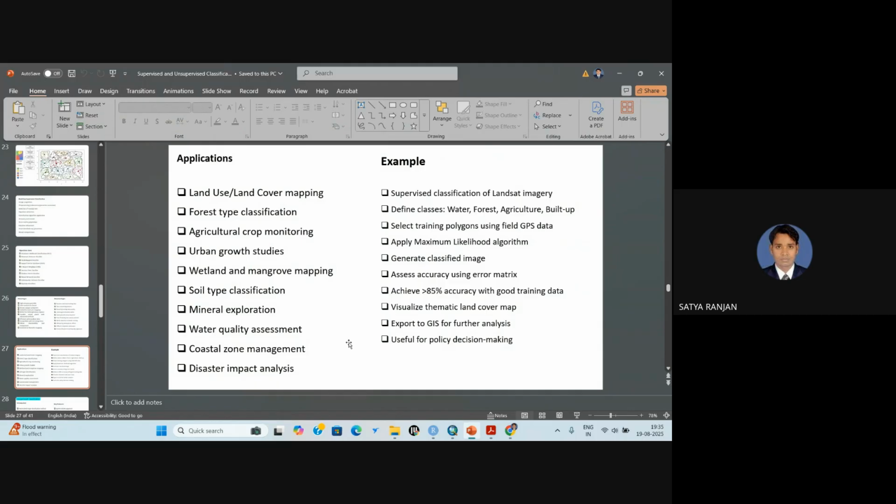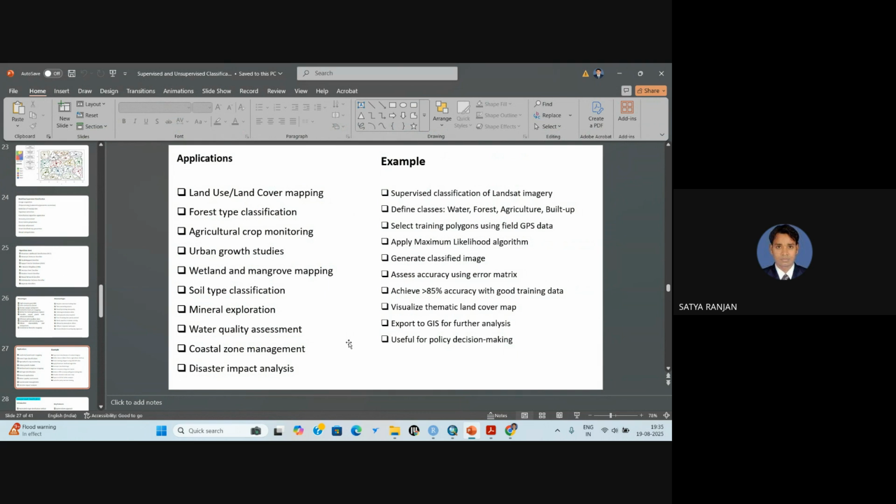So these are some of the applications. Mostly we use open source Landsat images, Sentinel images, and some commercial satellite images like WorldView, Cartosat of ISRO, and LISS-4, which is 5.8 meter resolution.